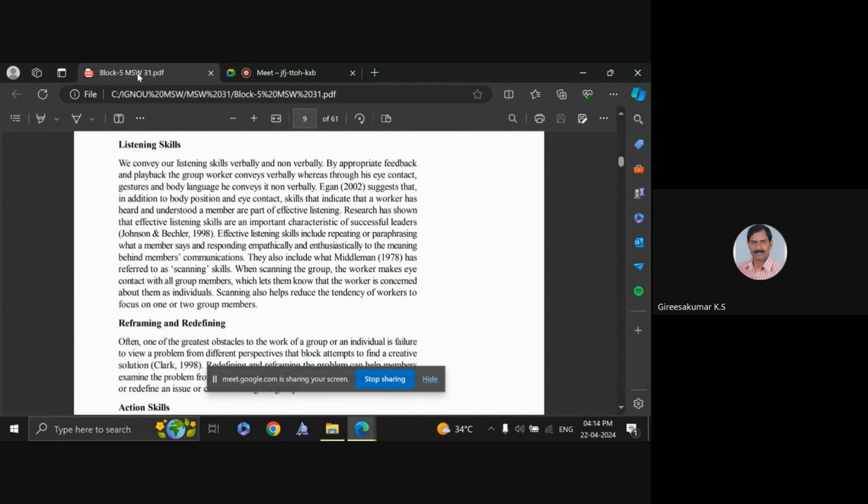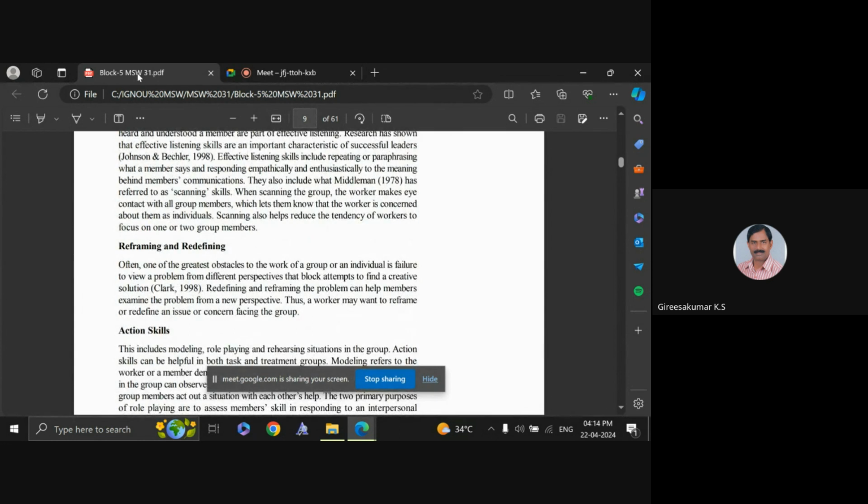That is a common rule, and it is applicable in the case of social workers also. There is a saying, a very good leader is a very good listener.